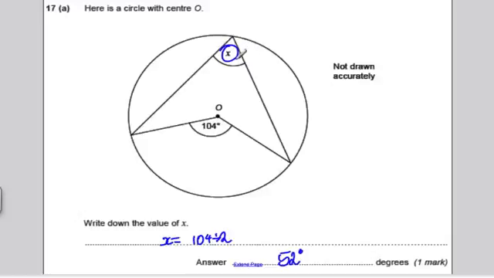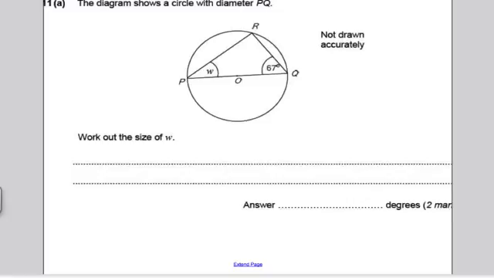Okay, next question. Pause the video, have a go. Okay, it tells us that PQ here is a diameter. Because it's a diameter, we've split the circle into a semicircle.